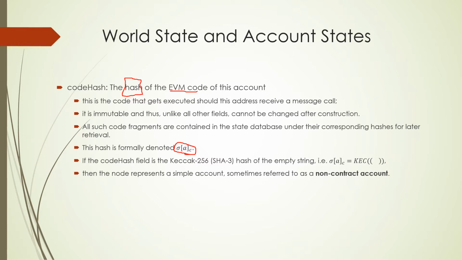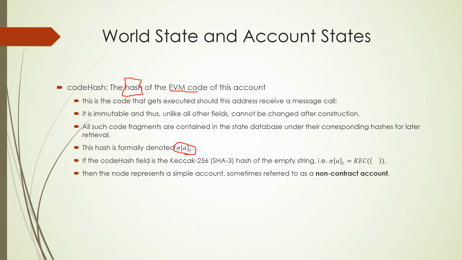And basically, the code itself is going to be stored somewhere in the state database, but we're going to use the message digest or the hash value of this EVM code inside the account state to represent the state of a given account. And this code is going to be immutable. That means you cannot change it, but other fields of account state are going to change when you do different transactions.